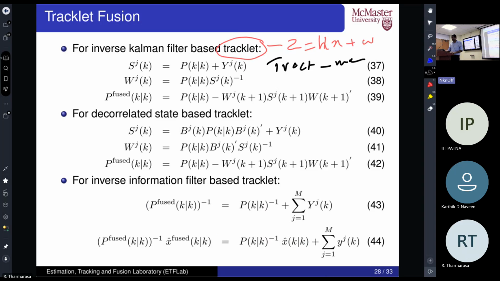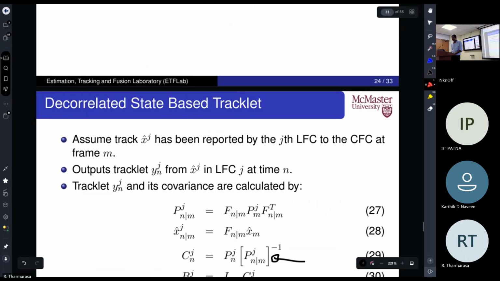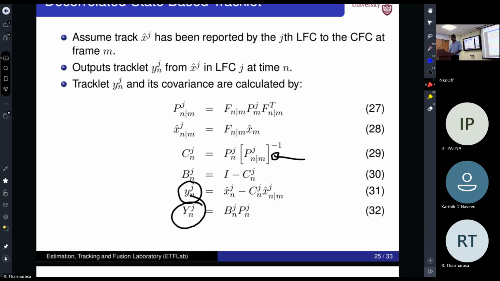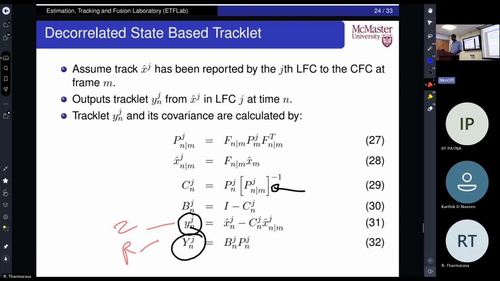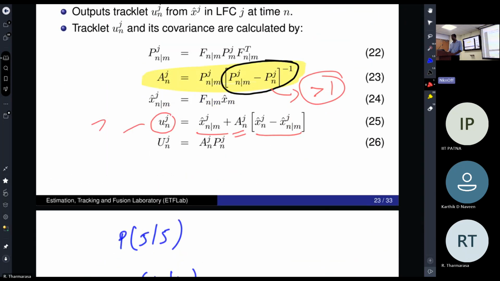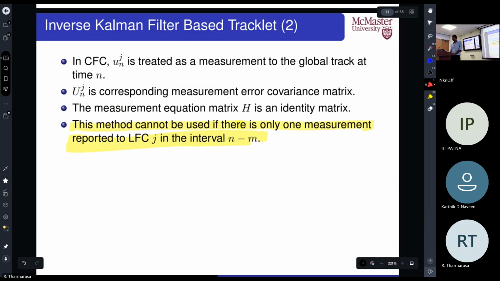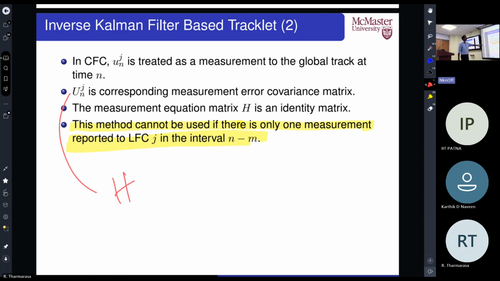Now we want to talk about that, right? So earlier we talked about this inverse Kalman filter form. In this one, this is Z, this is R, and this is the H. Okay, so this is the corresponding.